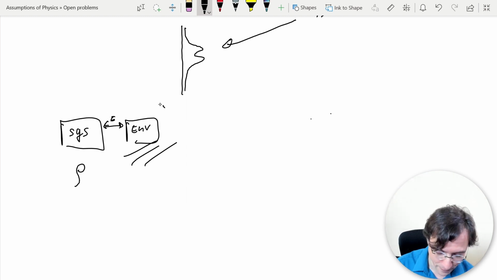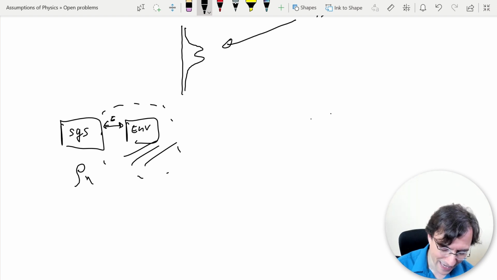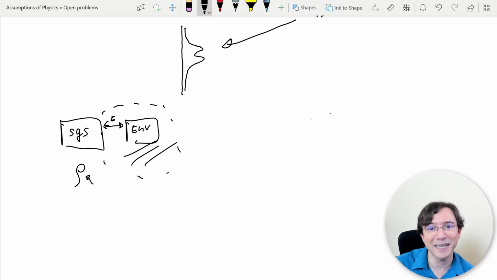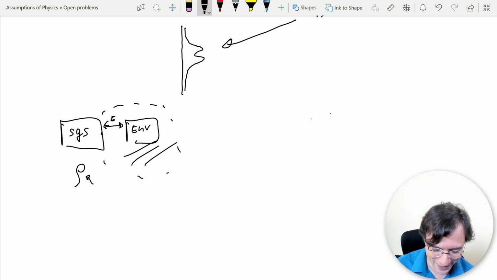And so this part could become just a mathematical trick, because there is a theorem that says that whenever you have a mixed state, you can always think of that mixed state as a pure state in a bigger system that is traced out. This is a tool that you can use mathematically. You don't really give the interpretation that you actually have an environment.